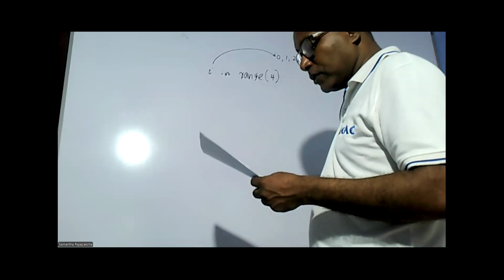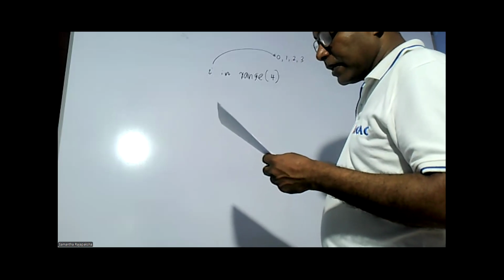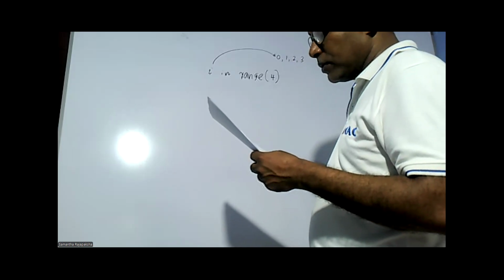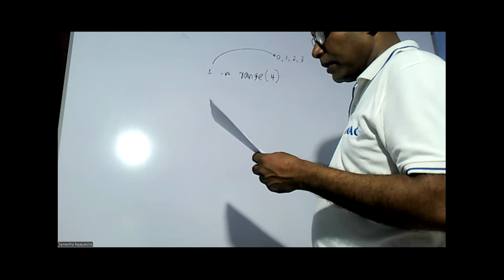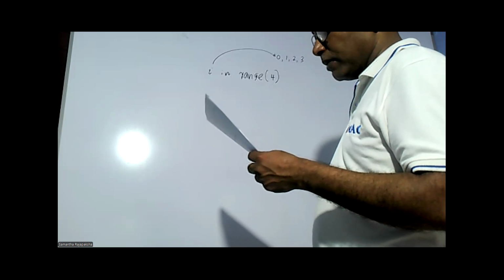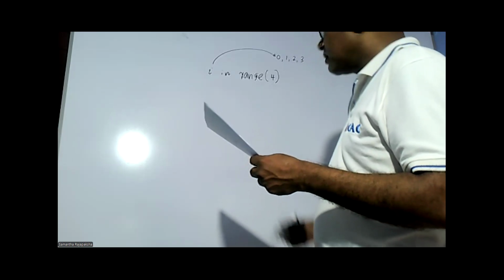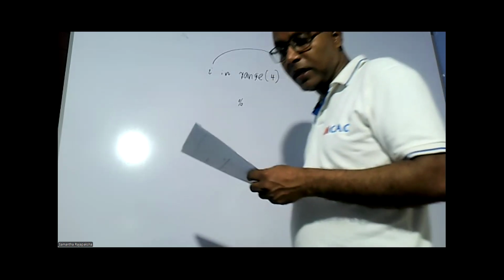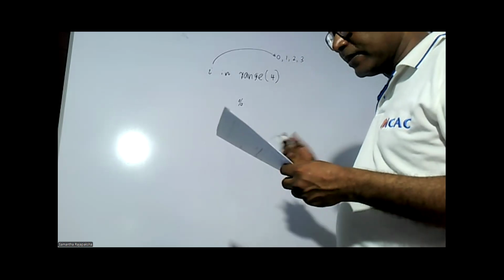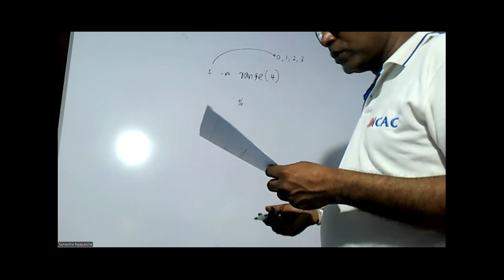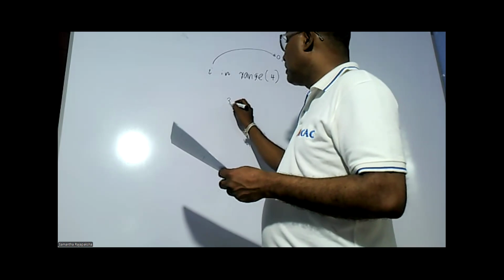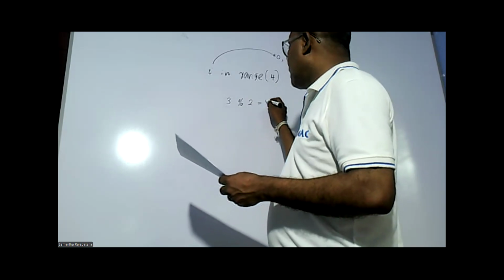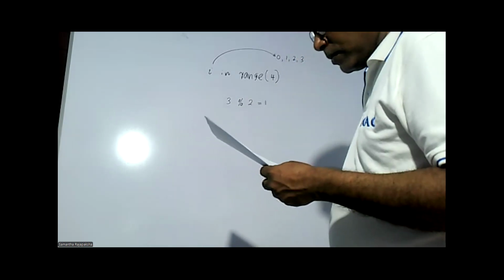Now it gets each value and checks the condition. You take each value from the array and divide by 2. This modulus operator gives the remainder. First number is 3, and divided by 2 the remainder is 1, so that is true.